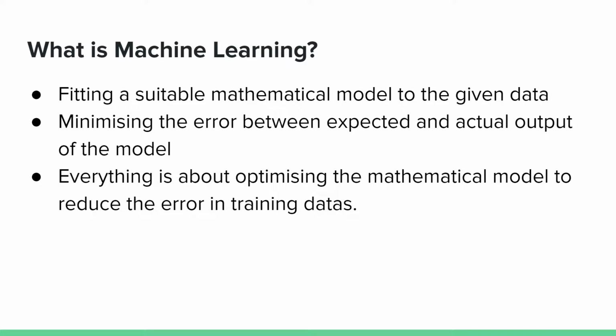When you go deep into machine learning, you will come across different kinds of error. Those errors have to be minimized in order to get a more accurate result. Everything is about optimization, optimizing the mathematical model to reduce the error in training data.